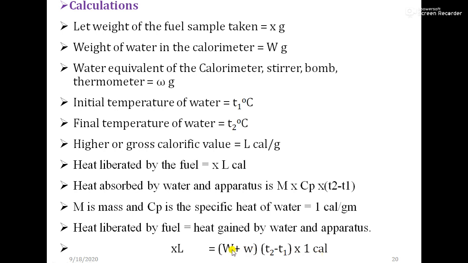So W is weight of water, omega is water equivalent, T2 is final temperature and T1 is initial temperature, X is mass of the fuel, and L is the gross calorific value or higher calorific value.